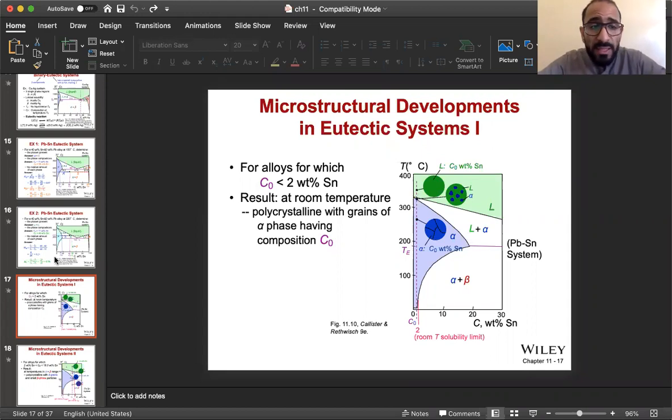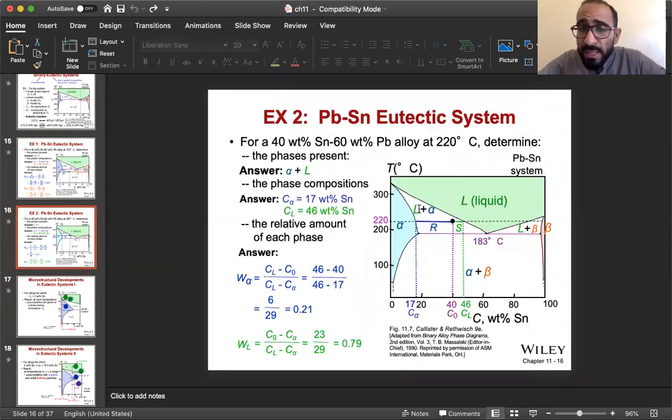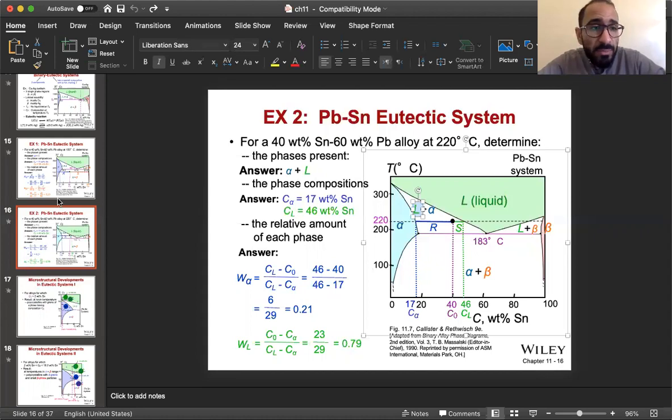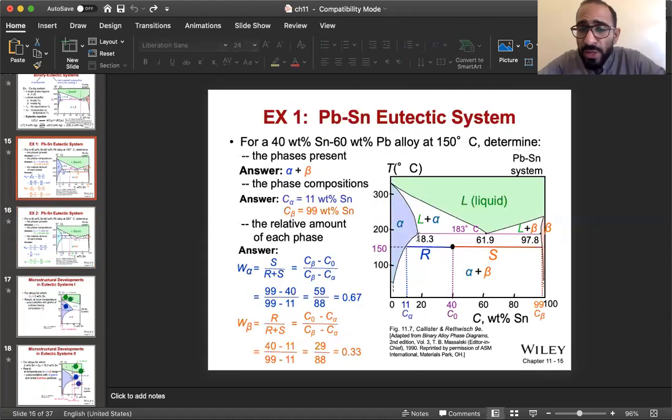Why? Because the liquid is going to transform to the special type of alpha plus beta only between these two compositions, 18.3 and 97.8. Only between these two compositions, if you cool below the eutectic temperature, the liquid can transform to a special type of alpha plus beta, in addition to whatever has already been formed before.